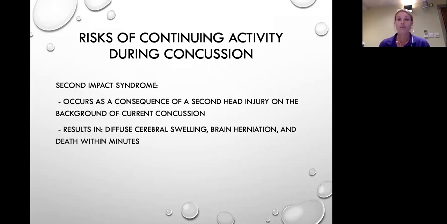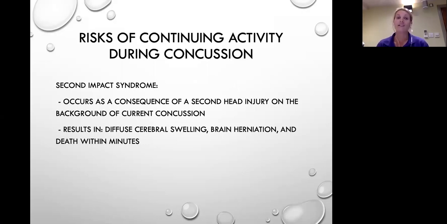So the big one that is the massive concern of concussion is if you do sport and get a second head injury, you can develop second impact syndrome. And this is essentially, if you get a second head injury, you can get cerebral swelling, brain herniation, and it can be fatal within minutes. And while it's incredibly rare, I actually know someone that it's happened to.